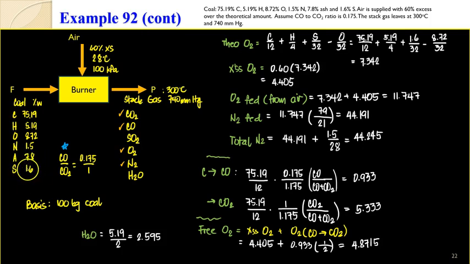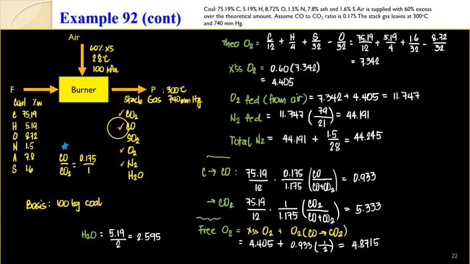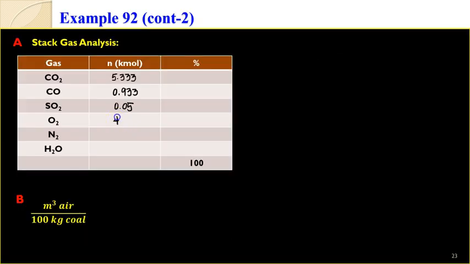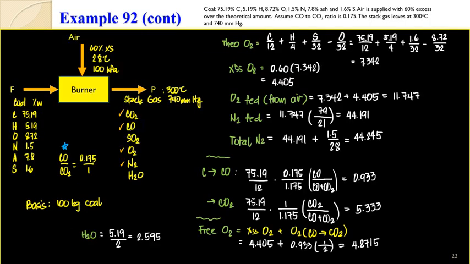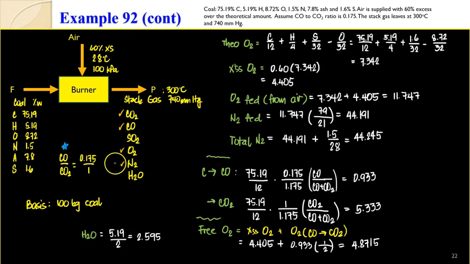So just divide this by 32. 1.6 divided by 32 is 0.05. And then O2, that is 4.8715. Nitrogen, total nitrogen is 44.245. And lastly, water is 2.595.